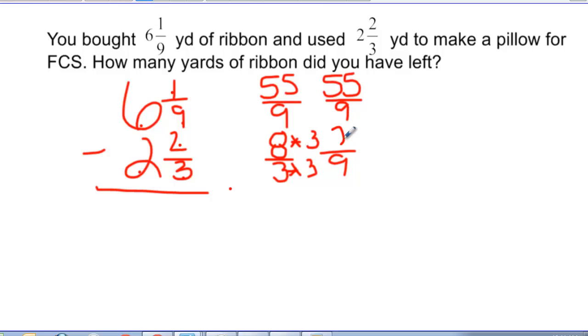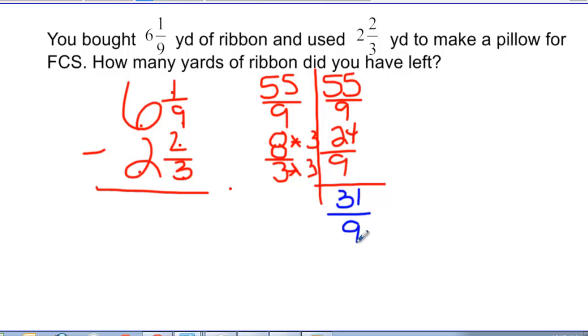And 8 times 3 is 24. We are subtracting here. So I now need to subtract my numerators instead of adding. 55 minus 24 is going to give me 31. And I keep my denominator the same, so 31 ninths.